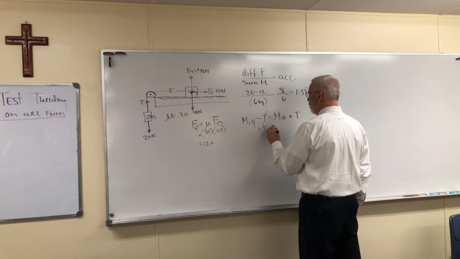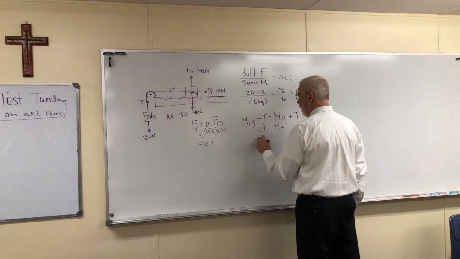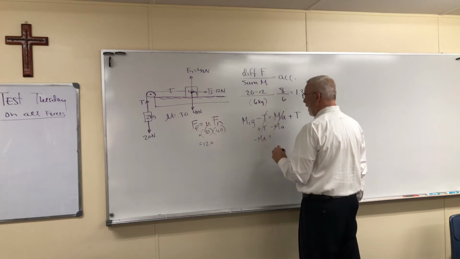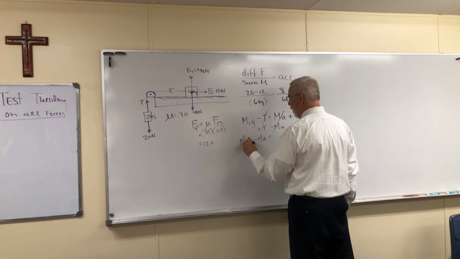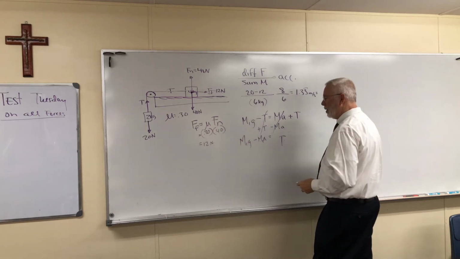And then I'm going to subtract capital M A from both sides of the equation. Now that cancels, leaving T on this side, and capital M1 G minus capital M1 A will be equal to the tension.